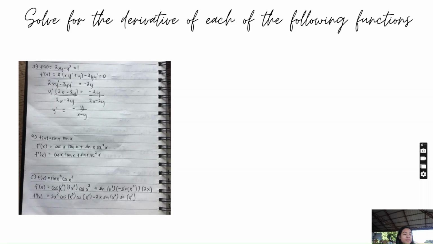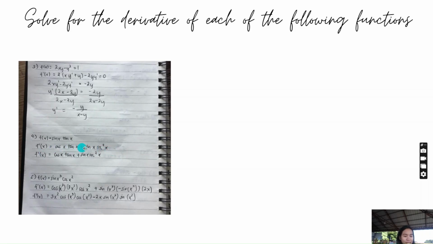Since the derivative of sine would be cos, and then we will just copy the tan there, plus copying the sine x, and then getting the derivative of the second function, which is the derivative of tan x is sec squared x.